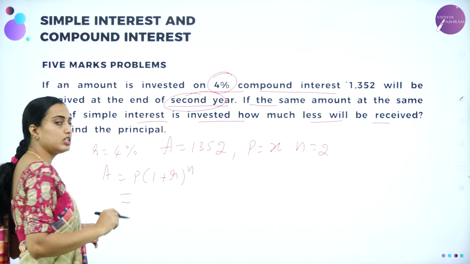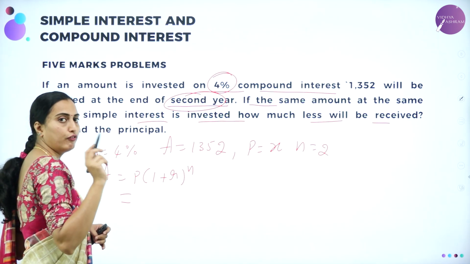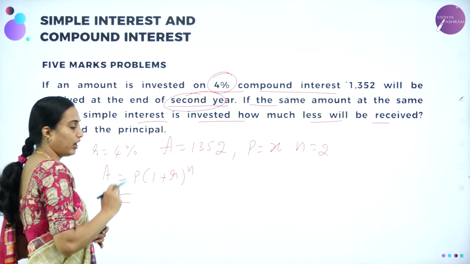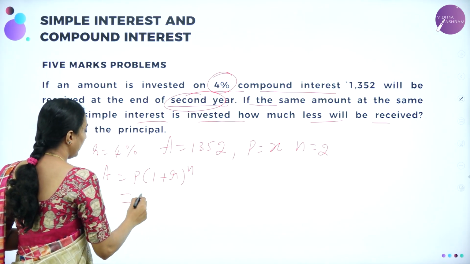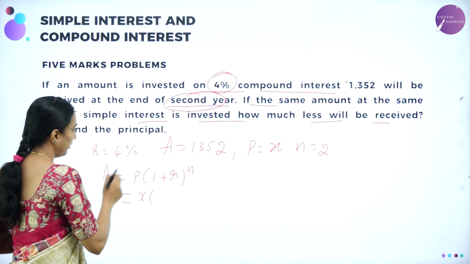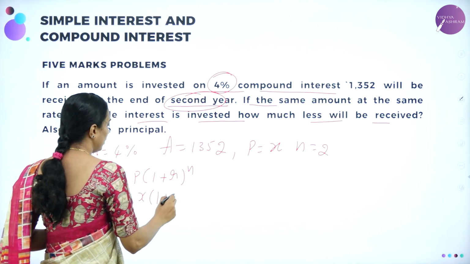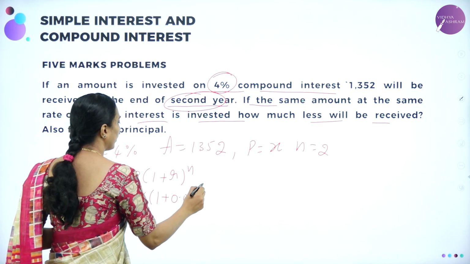If I convert that, it will be equal to 0.04, right? Therefore, P is equal to X, and A they have given as 1,352. Now 1 plus 0.04 to the power of 2.